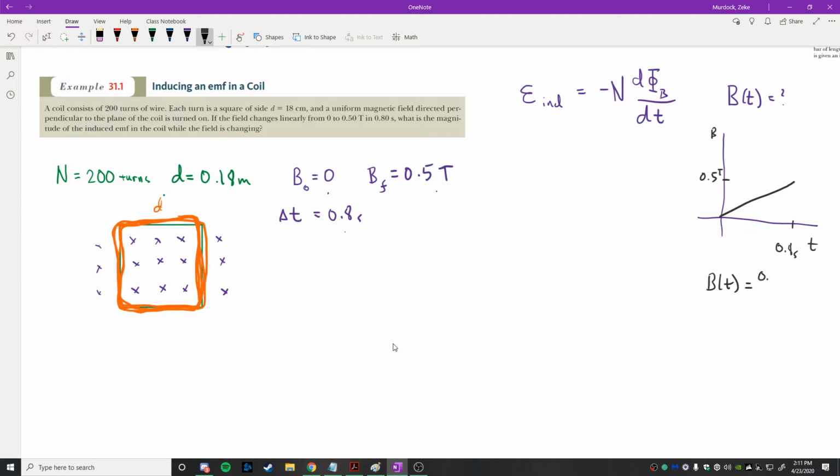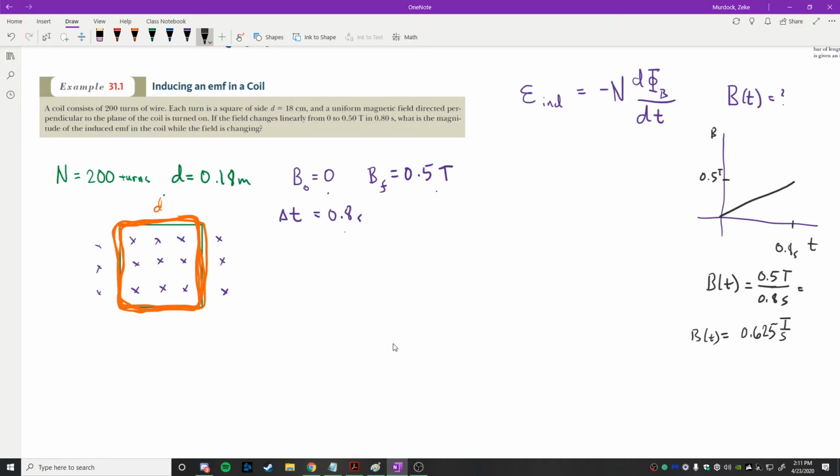So that's 0.5 Tesla divided by 0.8 seconds. I don't know what that's equal to. 5 over 8 is a little more than a half, so it's something like 0.625, maybe? Does that look right to you guys?